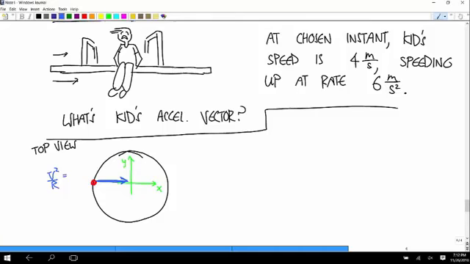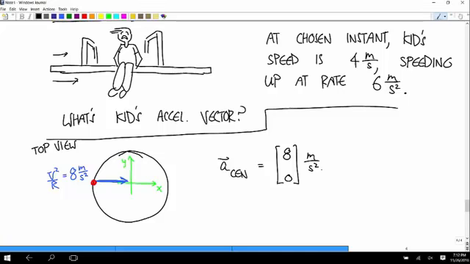And v squared is 4 squared, so 16. Radius is 2 meters, so 16 over 2 is 8 meters per second squared. And so the centripetal acceleration vector is 8, 0. Any questions about that?